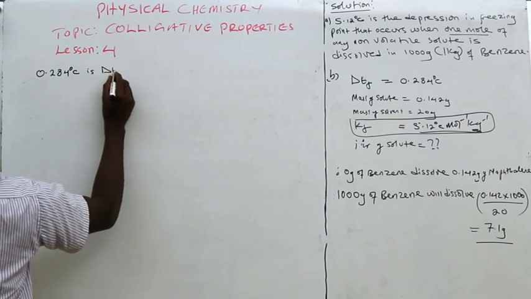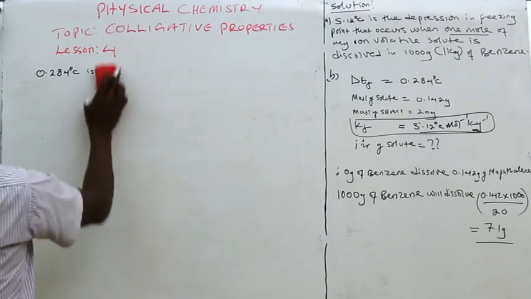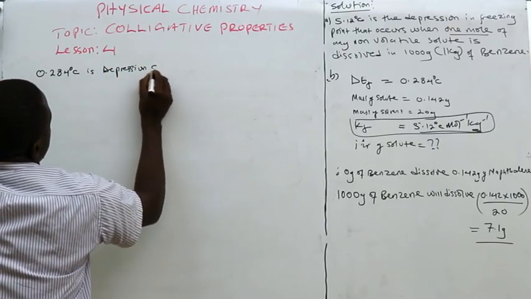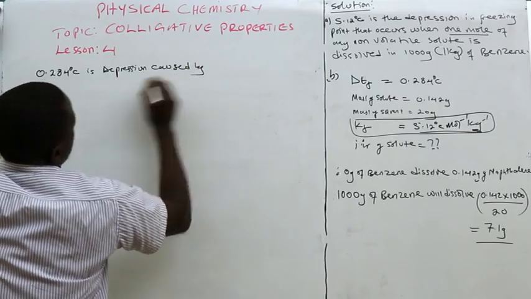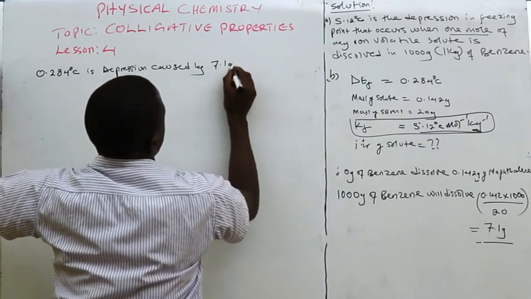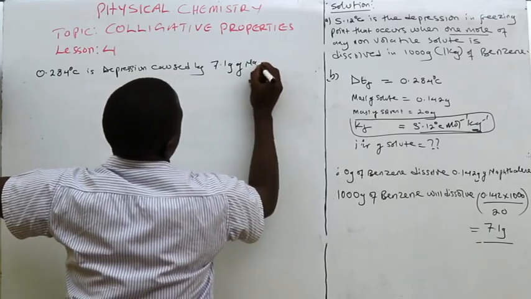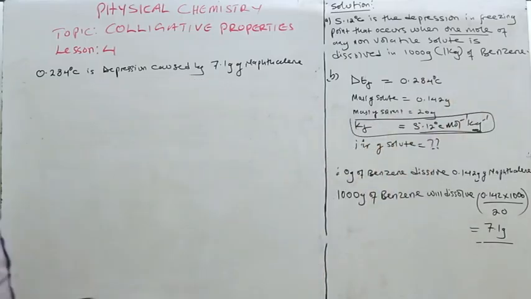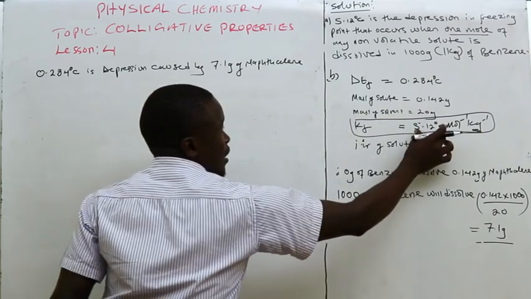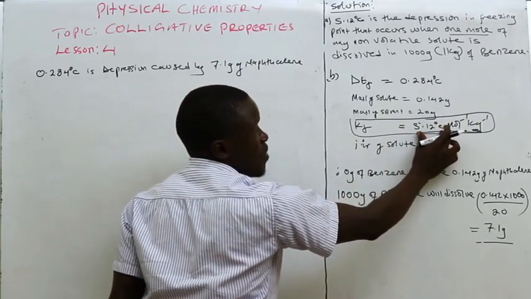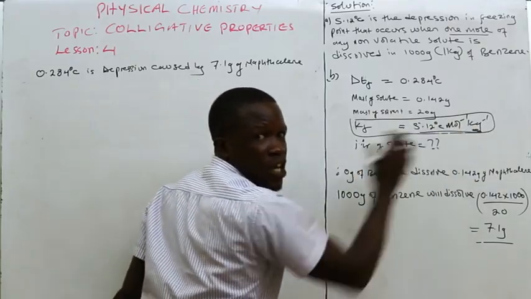This is the depression in freezing point caused by 7.1 grams of naphthalene in 1000 grams of benzene. Then the question is, what about this? Remember, this will be caused by 1 mole, and 1 mole is molecular mass.